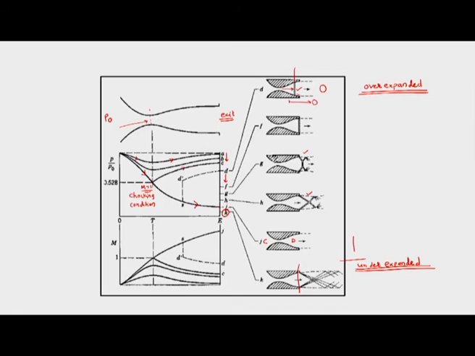Since it is not properly expanding, nature creates something called an expansion fan, so that the flow reaches the desired pressure value at the outlet. So, this is the general idea of the flow that is going to take place in a nozzle.